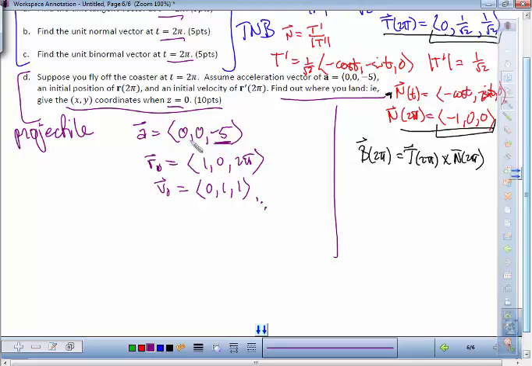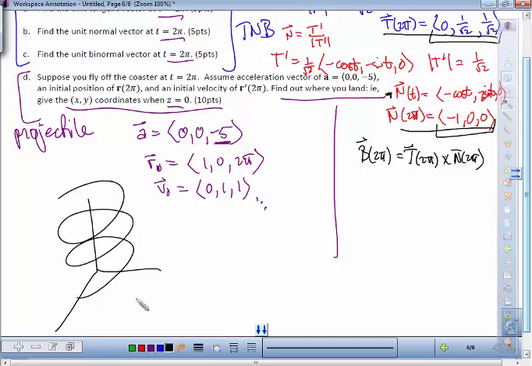If you didn't have any acceleration, then you would have flown in a straight line. It would be similar to that problem that we had some time ago. So at 2 pi, let's say 2 pi is right here, and you're going along at this speed and in this direction.